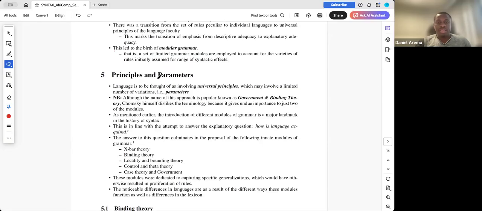The issue of the different word orders in X-bar syntax is under parameters. Remember, principles are the general, underlying mechanisms.